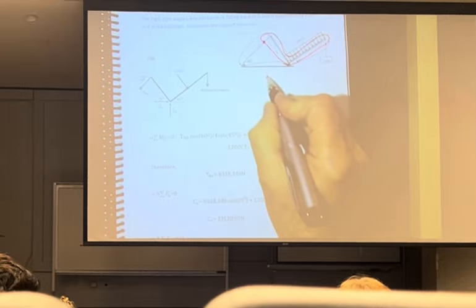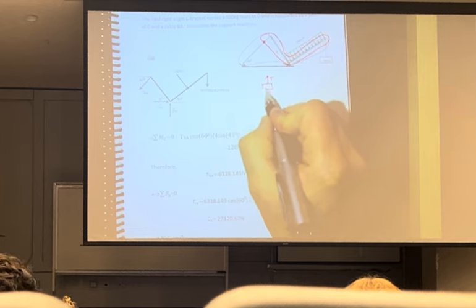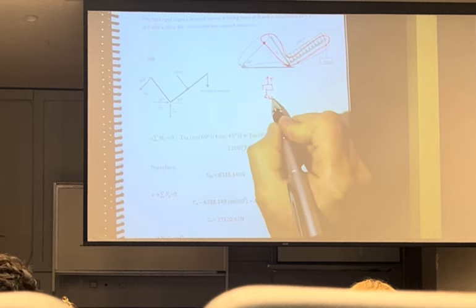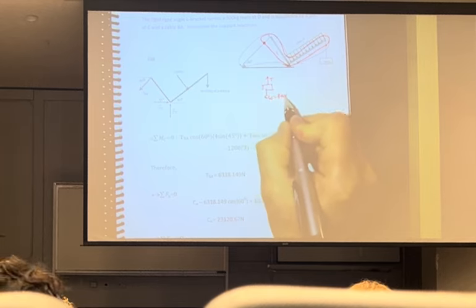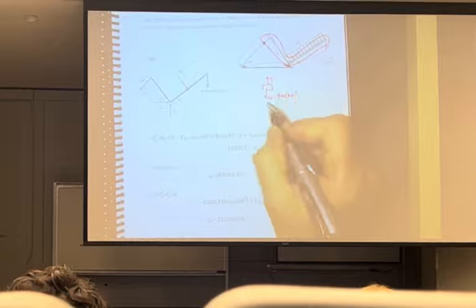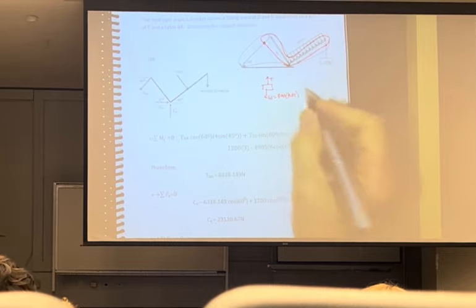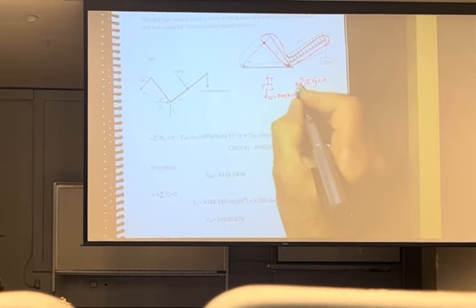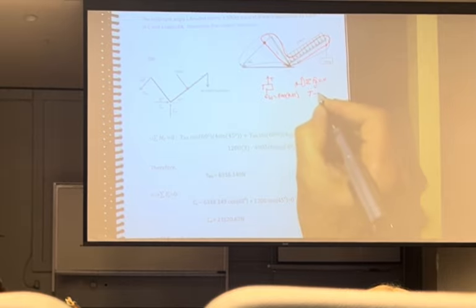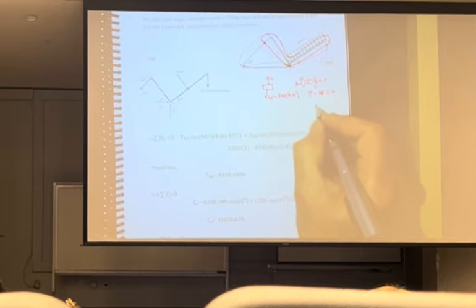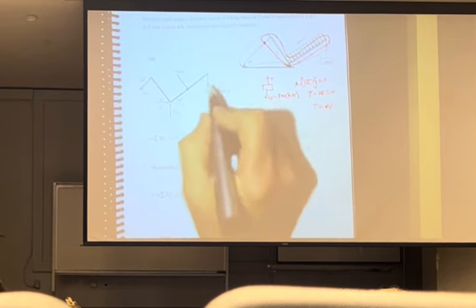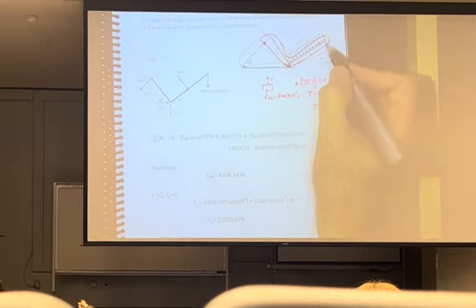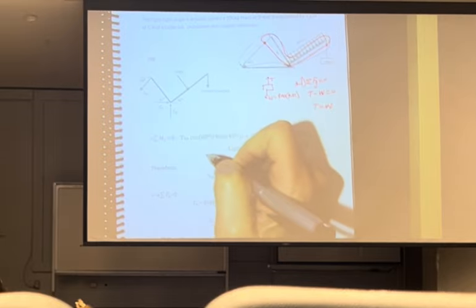So I have a tension T and a weight downward W, which is 300 times 9.81. If I sum forces in the Y equals 0, positive upward, that's T minus the weight equals 0, or T equals W.